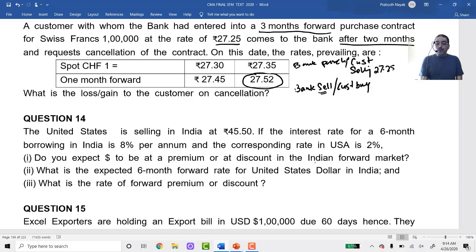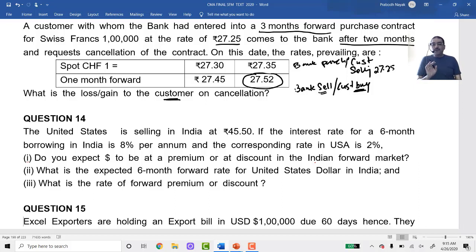So customer has originally sold at 27.25 and is now buying at 27.52. So will the customer make a profit or suffer a loss? Definitely he will suffer a loss because he is selling at a lower rate, buying at a higher rate. We are looking at it from customer's point of view, not bank's point of view. Customer is selling at 27.25 and buying at 27.52. Correct?